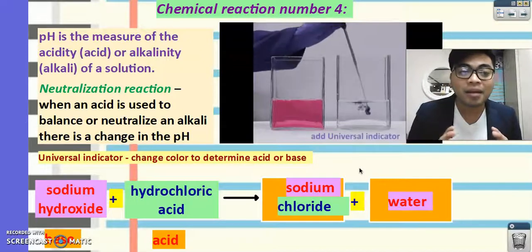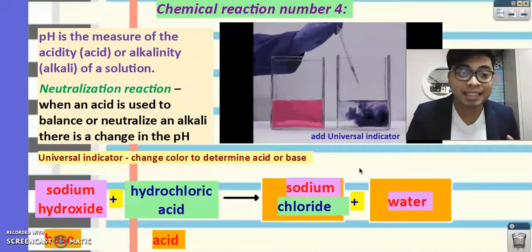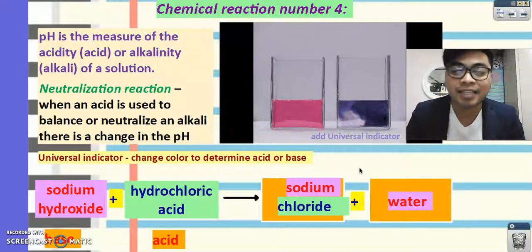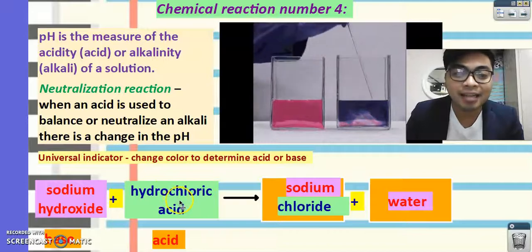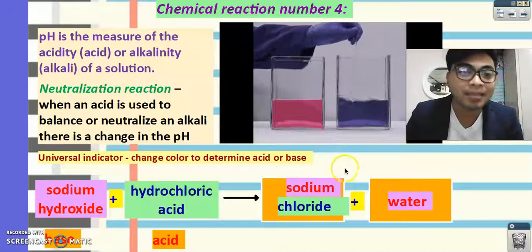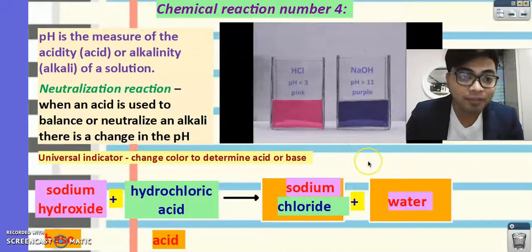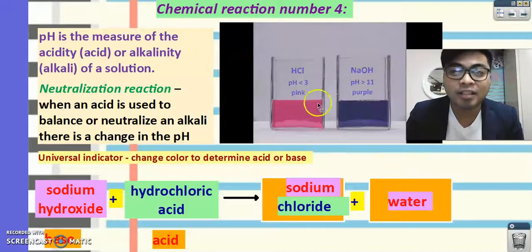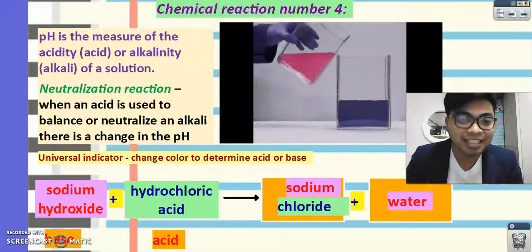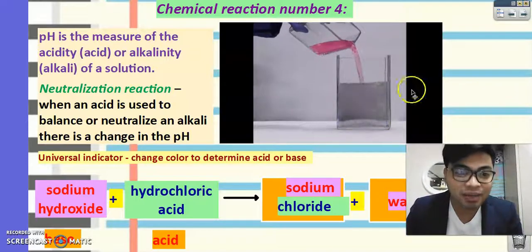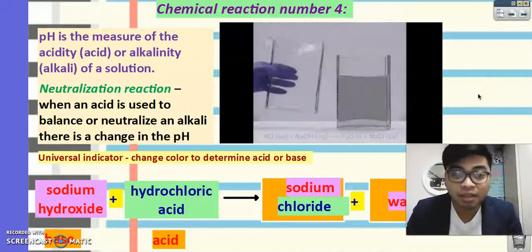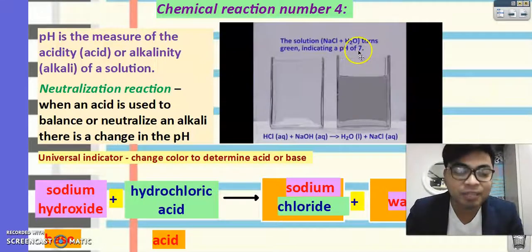And if the number is more than 7, it's a base. In this process, when we add the sodium hydroxide and the hydrochloric acid, an acid and a base, they tend to have a pH of 7. We call this process a neutralization reaction. In the combination of that, there's also a change in color, but the pH is the most important here.